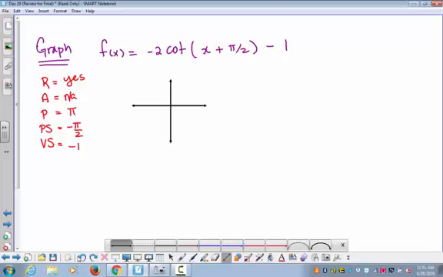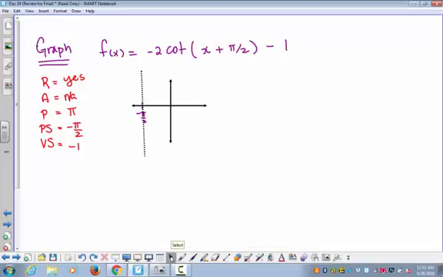So phase shift here is minus pi over 2. So we go to minus pi over 2. That is the left endpoint where there is an asymptote. So at negative pi over 2.